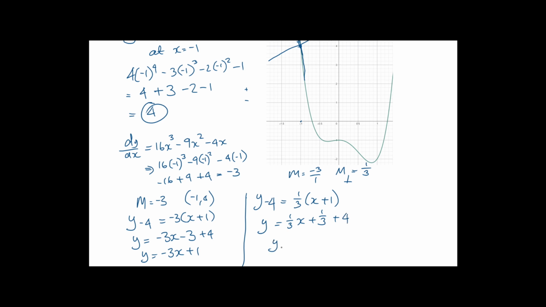So it's going to be y equals 1/3 x plus 4 1/3, and we're done. That's how we do normals. Again, if you've got any questions, just send me a message or leave a comment, and I'll get back.